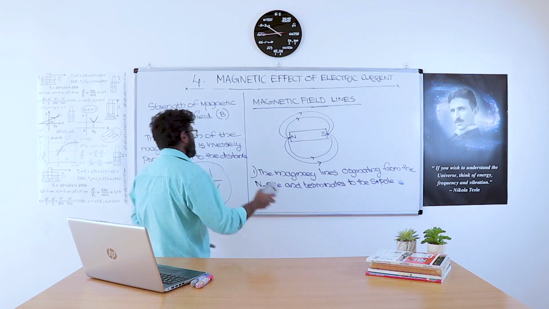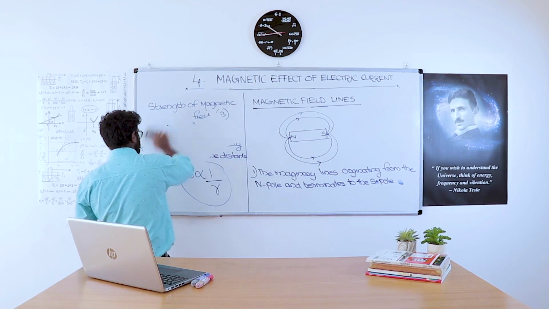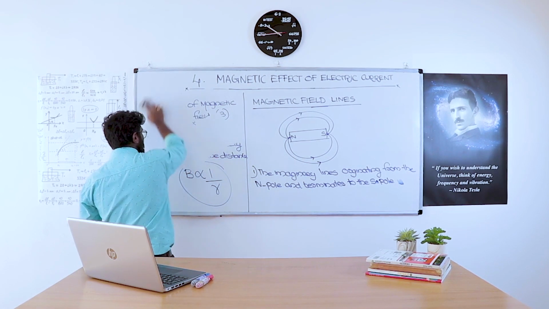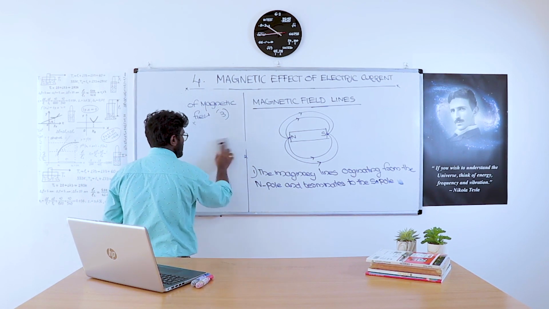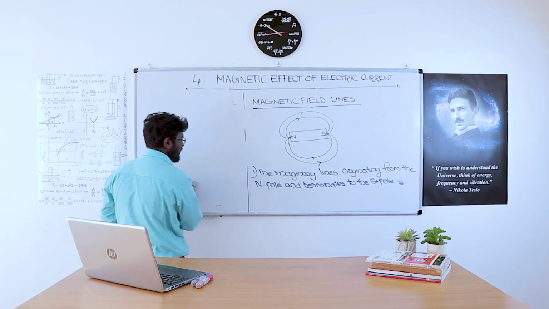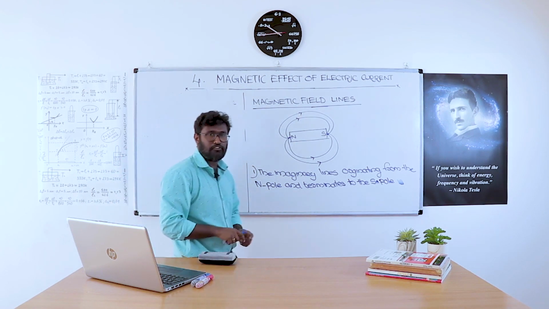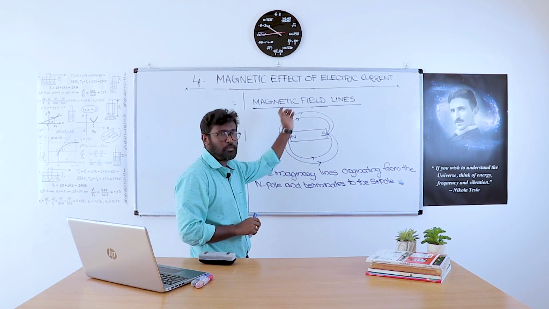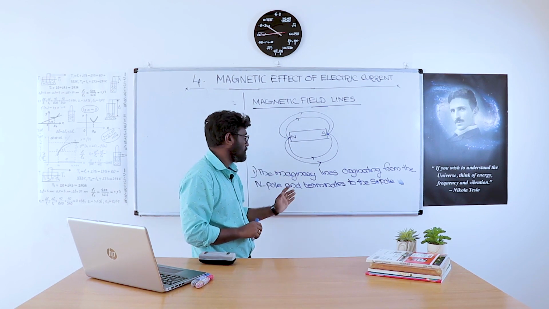Terminates means moving towards the south pole. So the first statement regarding magnetic field lines is that the imaginary lines originate from the north pole and terminate at the south pole.